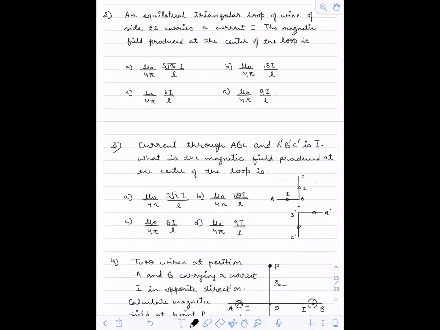Question number 2. An equilateral triangular loop of wire of side 2L carries a current I. The magnetic field at the center of the loop. Okay, that is also a very easy question. This means you are given with the triangle like this.